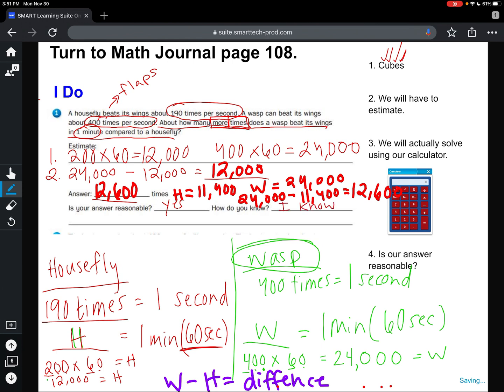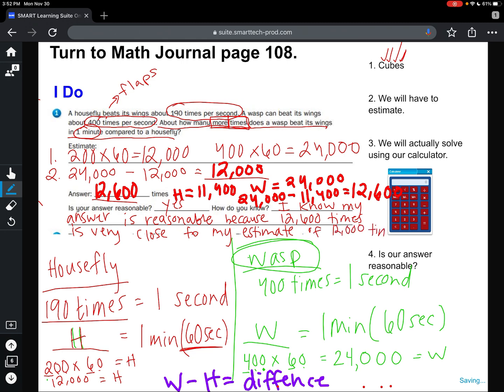I know my answer, I'm restating the question, is reasonable because 12,600 times is very close to my estimate of 12,000 times.